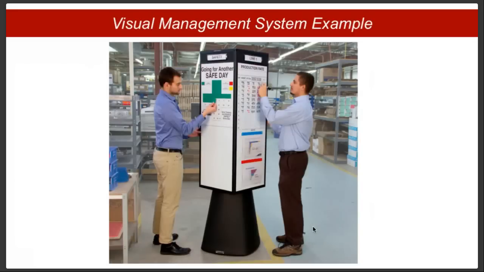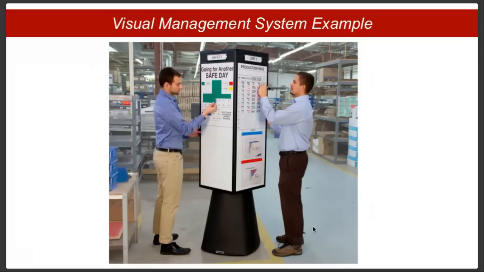Yeah, makes sense? Now, this is from one of our clients. We love these kiosks where someone, normally a line lead or a supervisor, is going to go and write down or display an element of one of these dimensions, a metric.